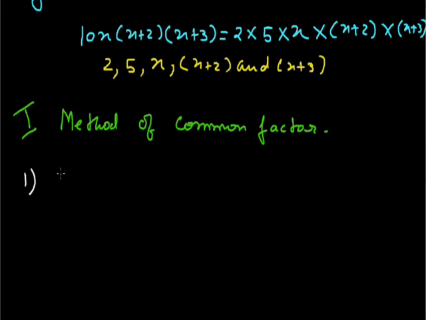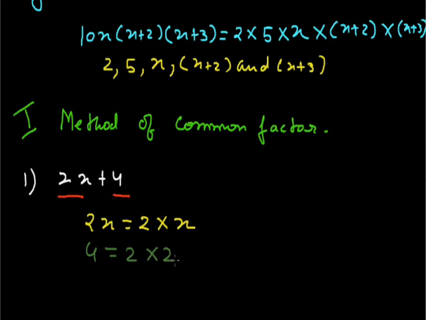First example, to factorize 2x plus 4. This expression consists of two terms. The first term is 2x and the second term is 4. So first we will find the irreducible factors of 2x. 2x can be written as 2 into x and 4 can be written as 2 into 2.